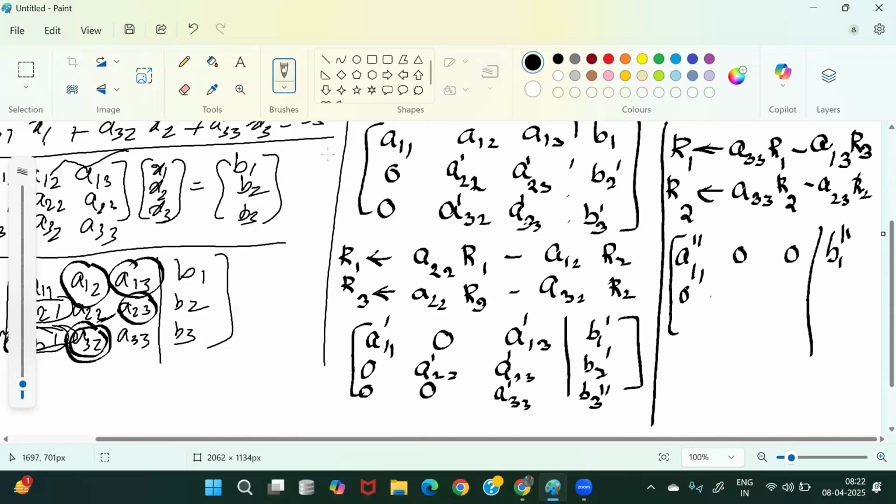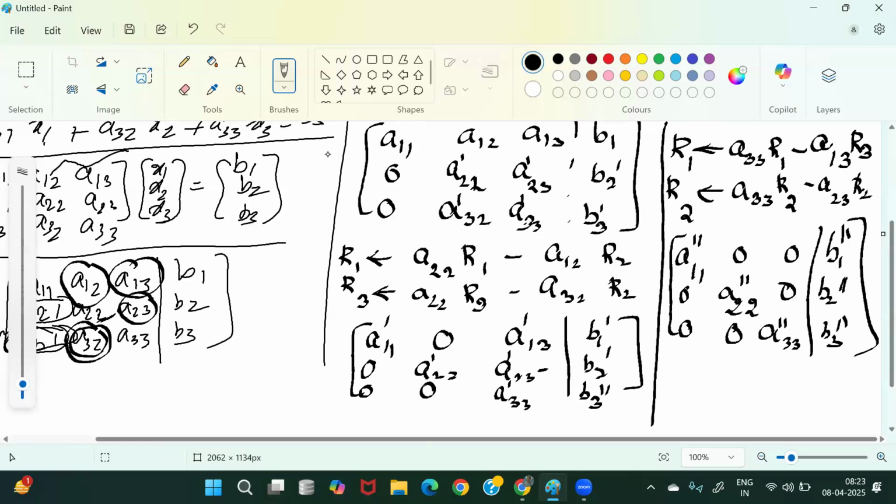Now this is 0. This is say A22, make it double dash, 0, because of this operation. Next 0 0 A33 double dash. This is B2 double dash, B3 double dash.